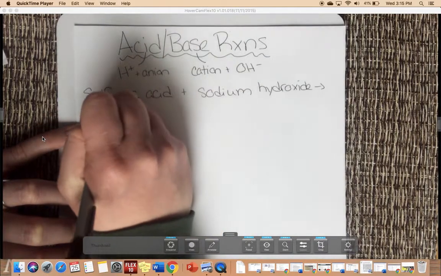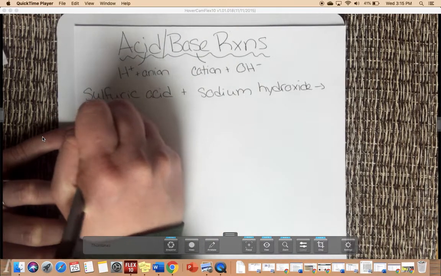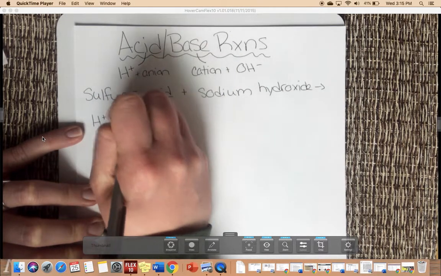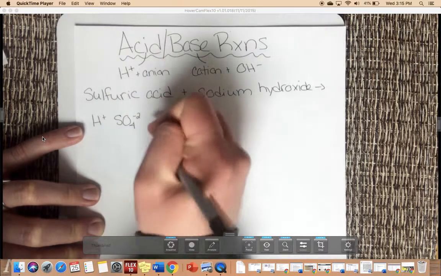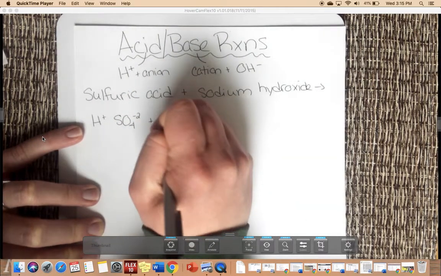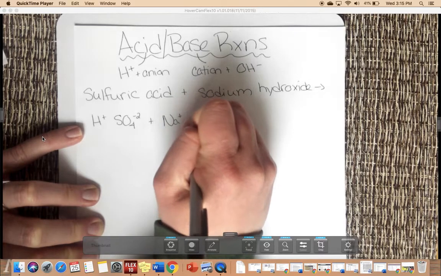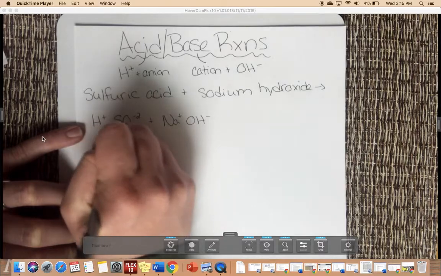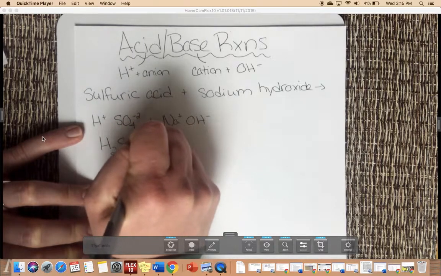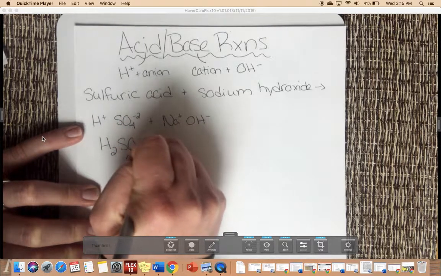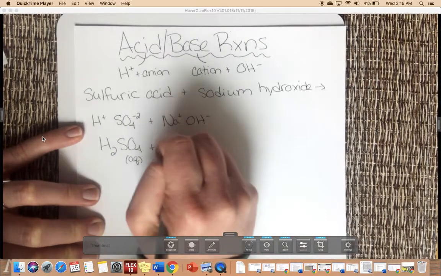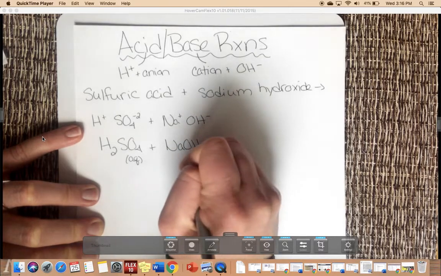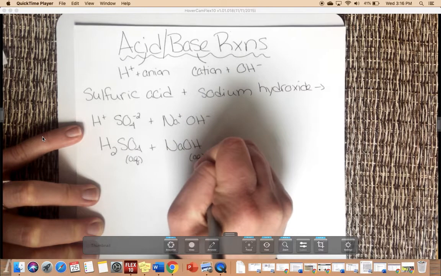Sulfuric acid, I'm going to have my H+ with my sulfate, plus my Na+ with hydroxide. So I get H2SO4, which is going to be aqueous, plus my NaOH, which is also going to be aqueous.